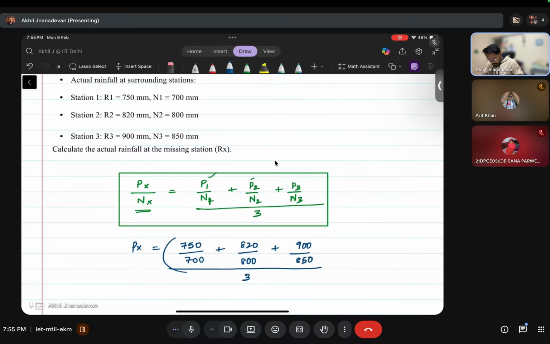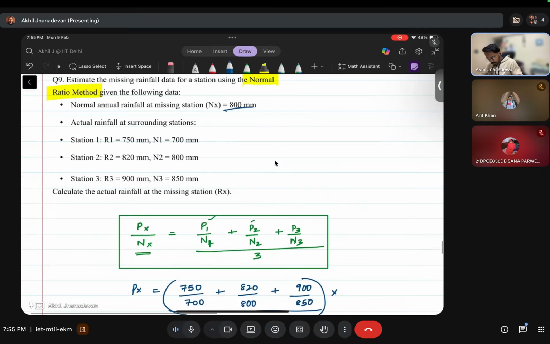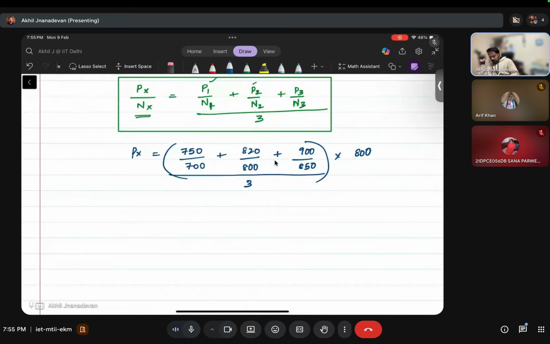Nx is already given in the question, 800, so we move it to the other side and multiply by 800. You can solve this and you will get around 841.36 mm. So the missing rainfall has been found using this.